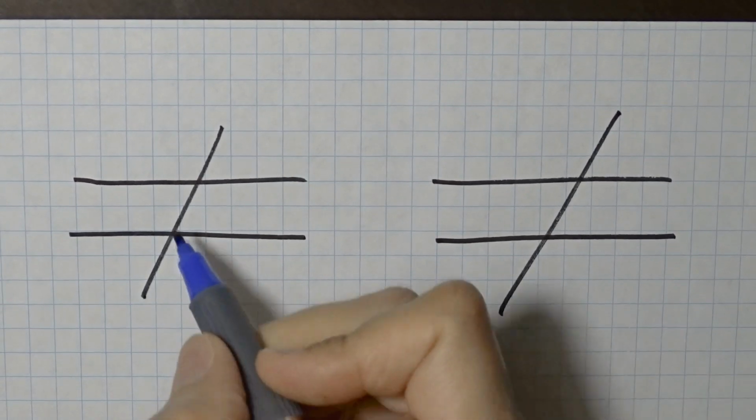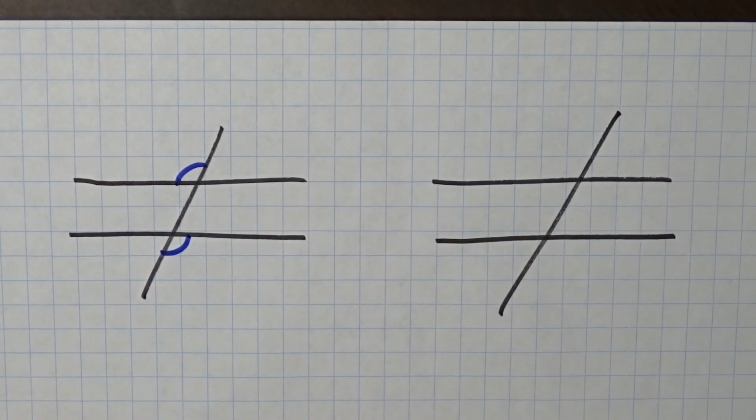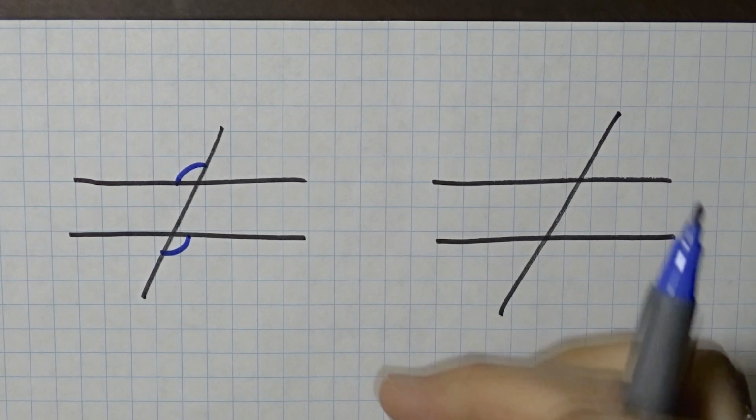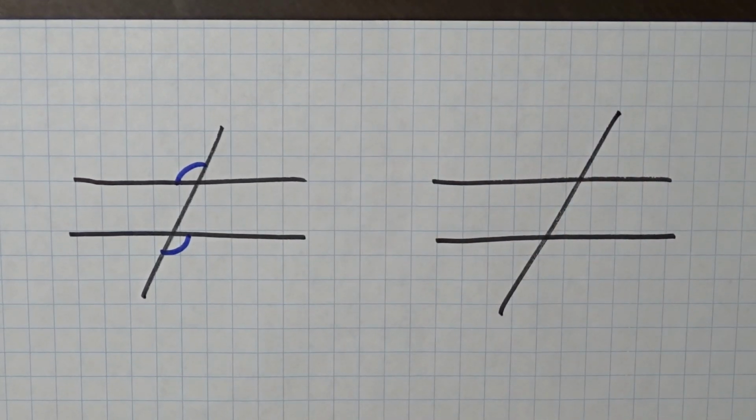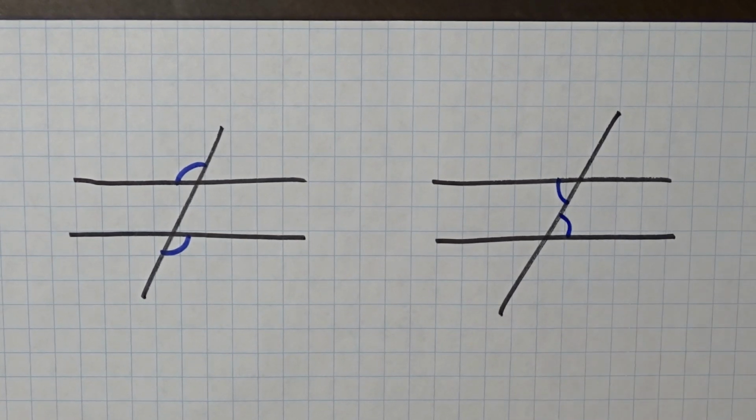All right, so if I have an angle here and here, those are considered exterior because they're on the outside of the parallel lines. If I have an angle here and here, those are considered interior because those two angles are on the inside of the parallel lines. Now, those are not the only two exterior ones, right?